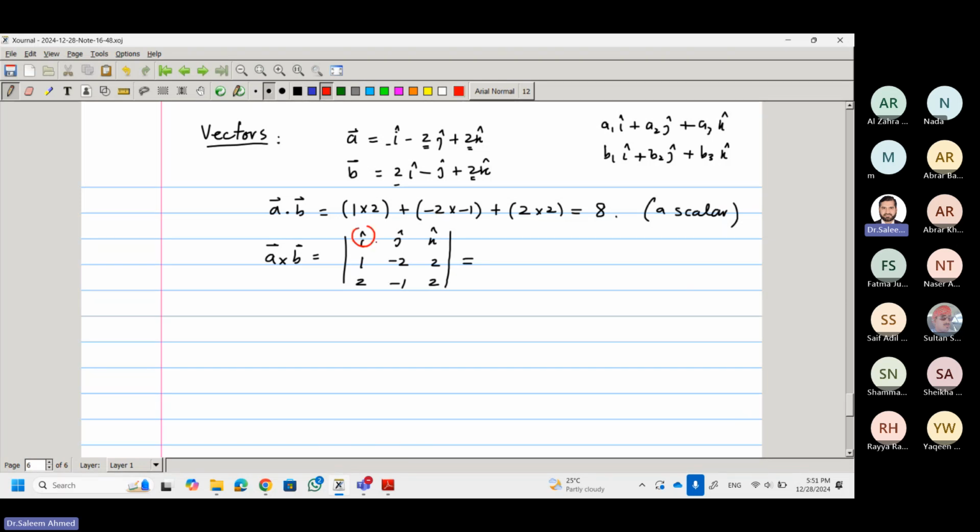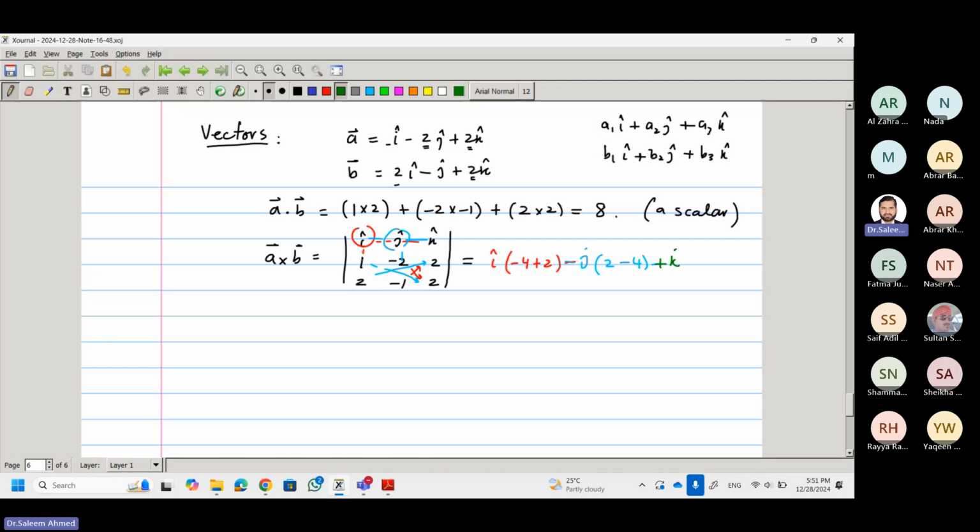So the first one is this one; this row and column are gone, so you get this minus this, which gives minus 4 plus 2. Then minus j: this is gone, this is gone, so you get 1 into 2 is 2 and minus 2 into 2 is 4.